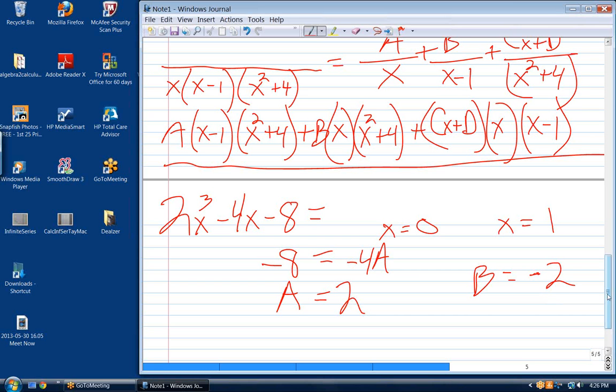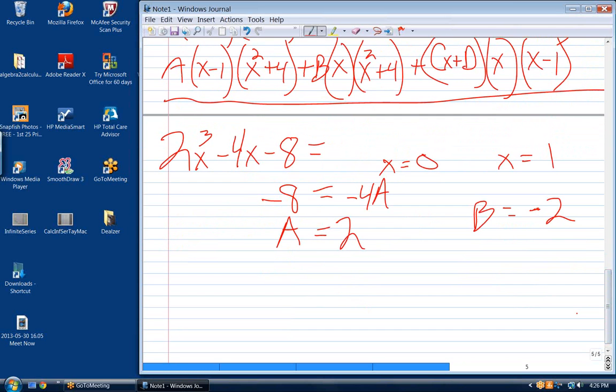Okay, now it gets a little tricky because there's no longer anything we can let x equal to conveniently that will get rid of the A and B terms, because we can't make this term 0. So to find the two remaining constants, we need to pick any values for x, and that's going to give us two equations and two unknowns.